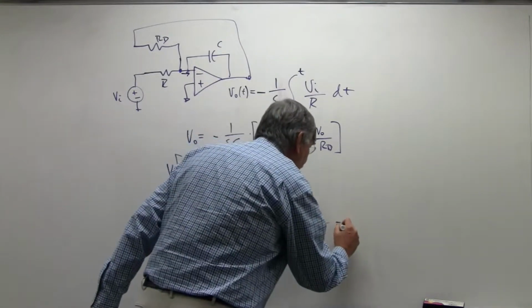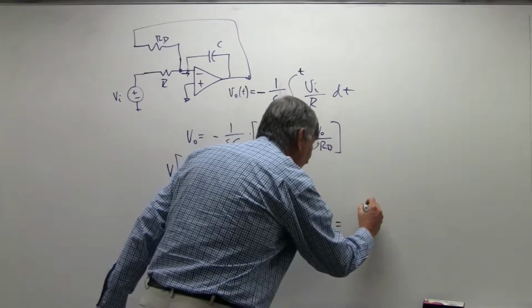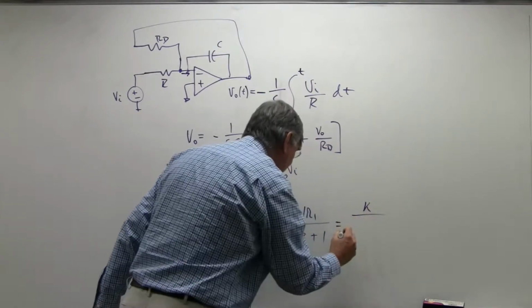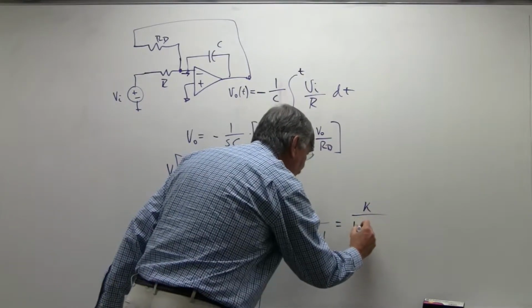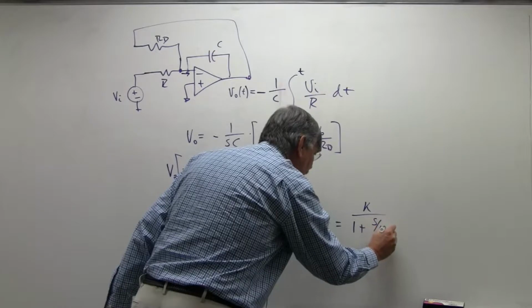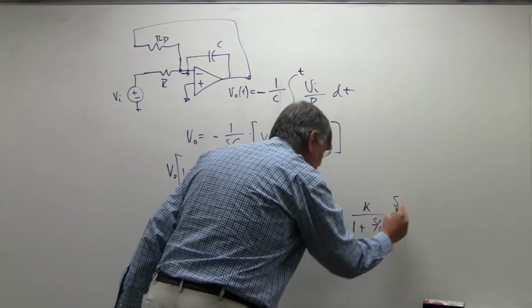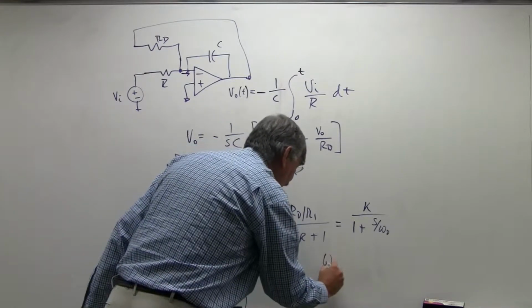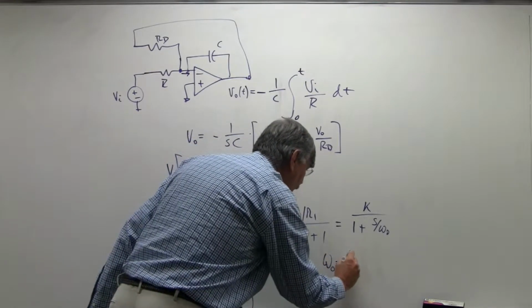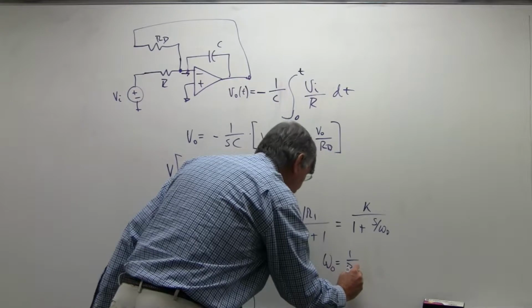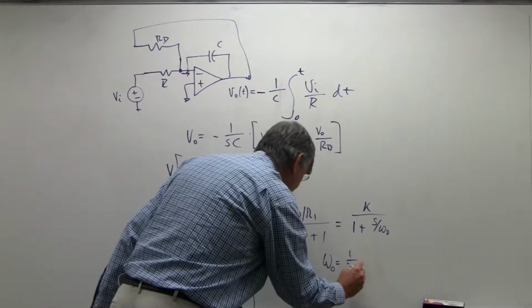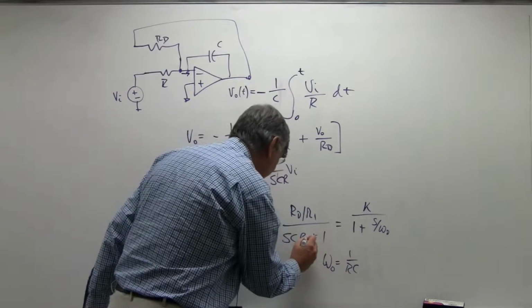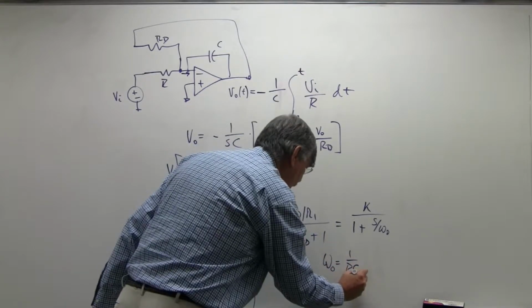This is in a standard form for a low-pass filter that's got a DC gain of K and 1 plus S over omega naught, where omega naught is the cutoff frequency of this filter, and omega naught is 1 over RD C.